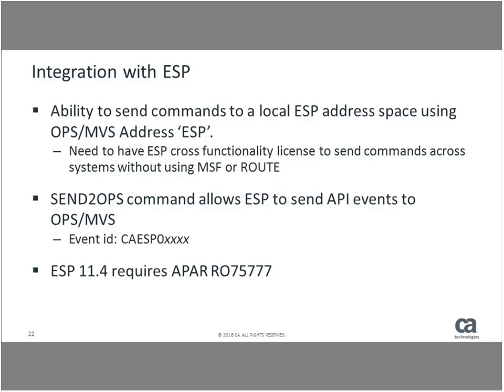All right, so a couple of other additional enhancements that we had in this release. We added in an ADDRESS ESP functionality. So this will allow you to issue commands to ESP's REXX interface. So if you're running ESP as your batch job scheduler, this will allow you to do things like start jobs, start schedules, check the status of schedules.